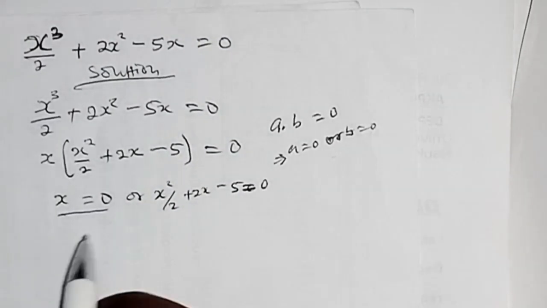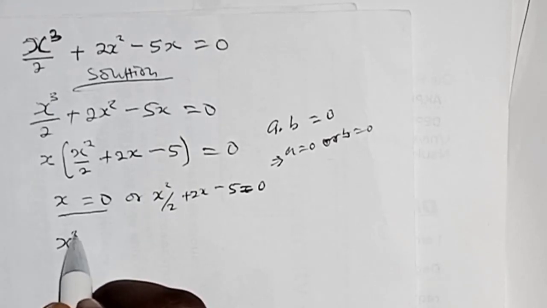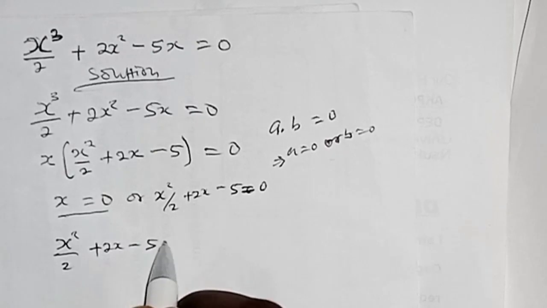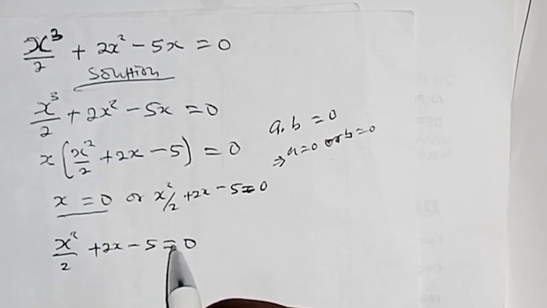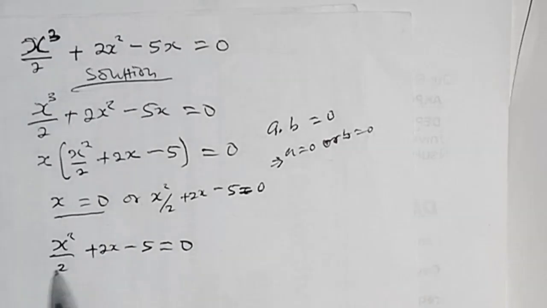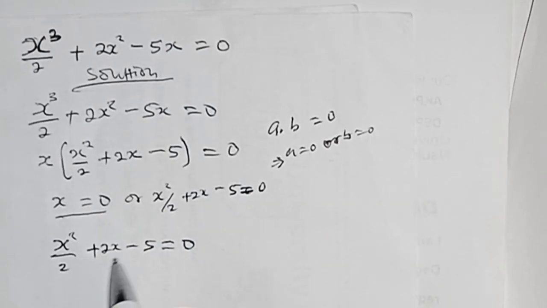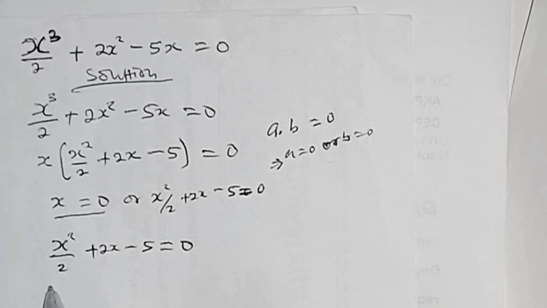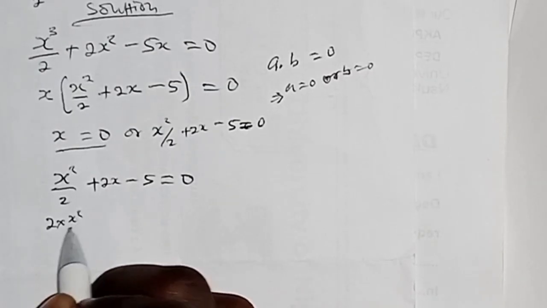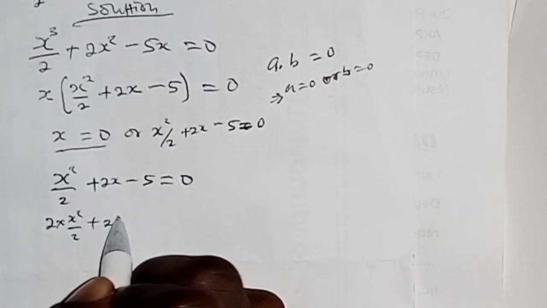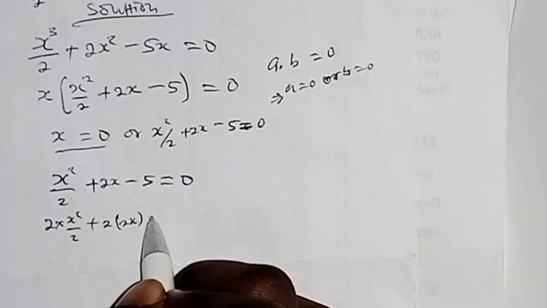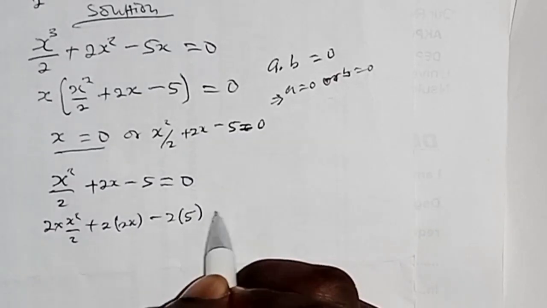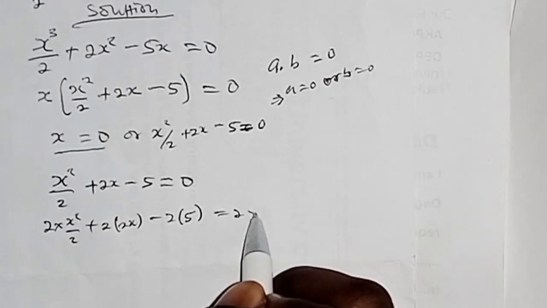So doing that, I have x squared over 2 plus 2x minus 5 is equal to 0. What I will do next is multiply through by 2 so that I will be able to clear this fraction. So I'll do 2 times x squared over 2 plus 2 times 2x minus 2 times 5, and it is equal to 2 times 0.